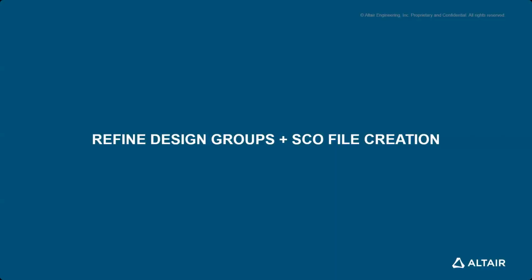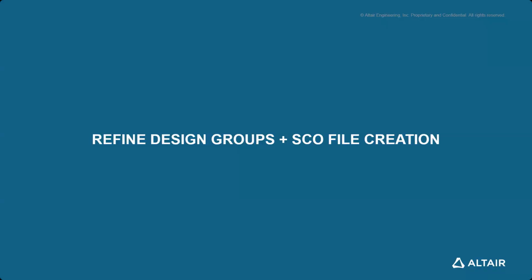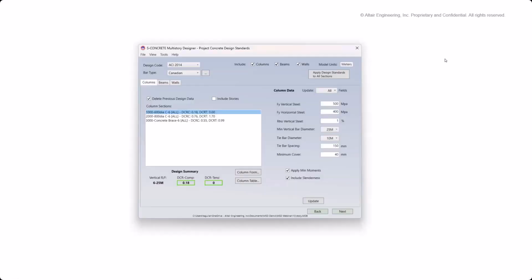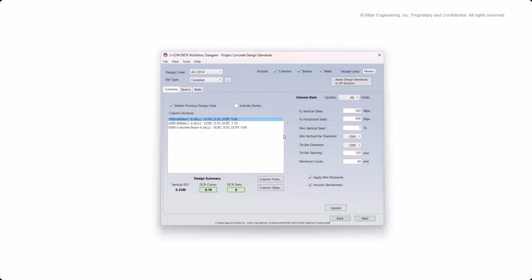The next part is to take a look at the preliminary results. Sorry, I think I switched one. Yes, sorry. So once we have that, we have the preliminary results for each of our section types, right?